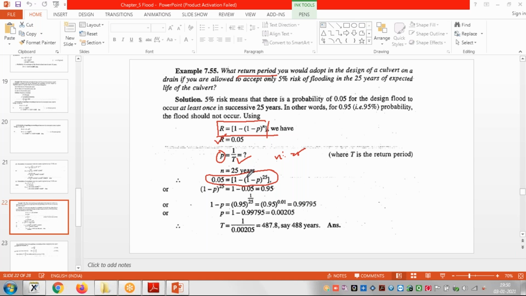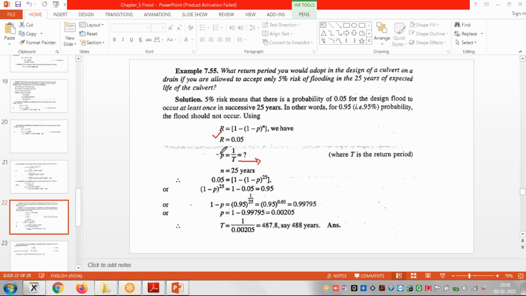So in the risk formula, see here, just check once again what I'm saying. We know that P is equal to 1 by T, right? And R value we know. So the value of P we don't know, because we have to find the T value, and T value we don't know.